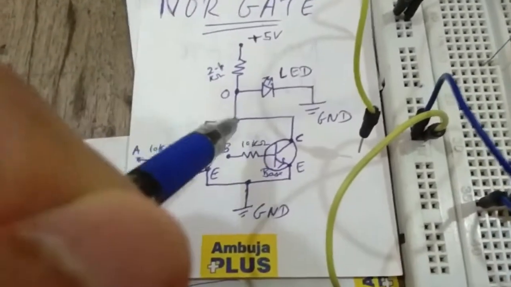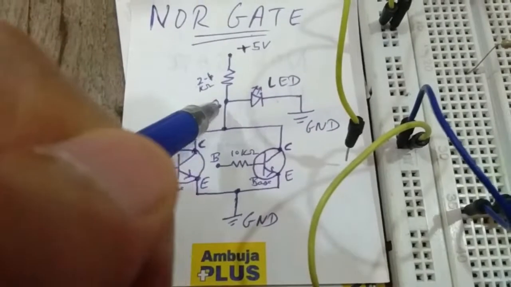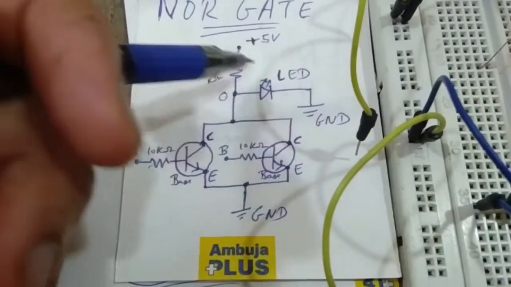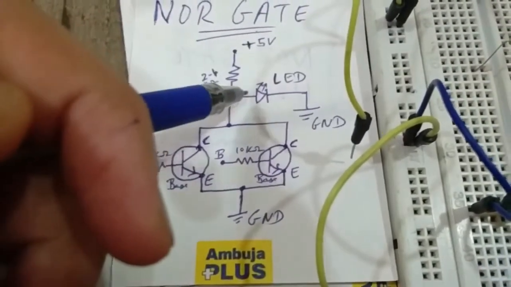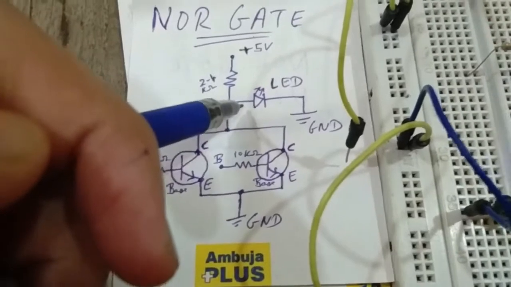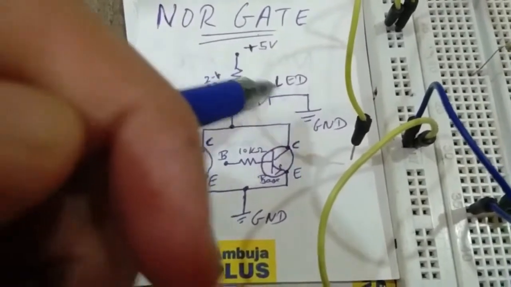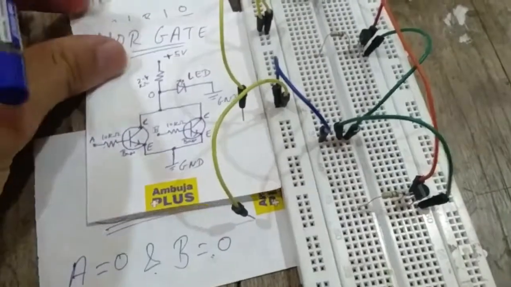We have also connected the collector terminals of both transistors to an output terminal which goes to this LED. So this LED receives this high input voltage, and the LED turns on. This is how in the first case we have seen that the LED is high.